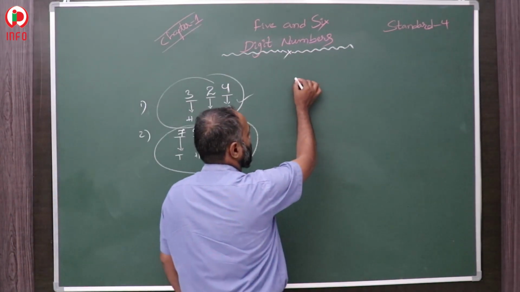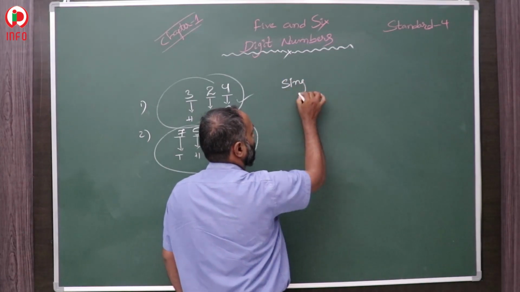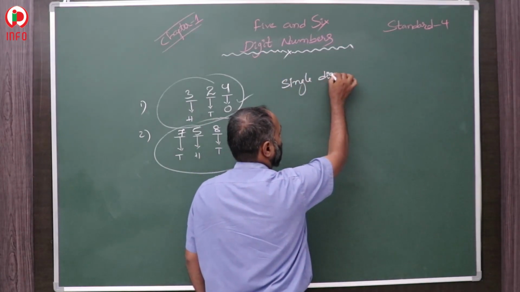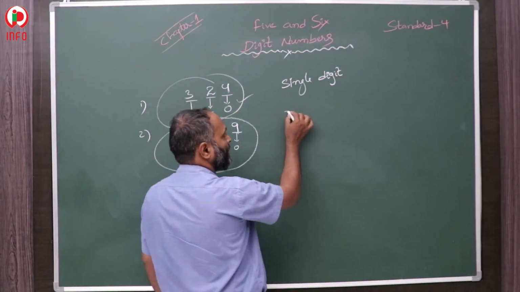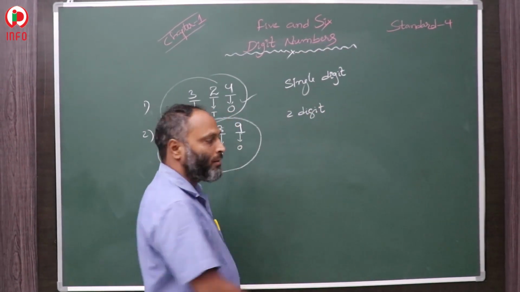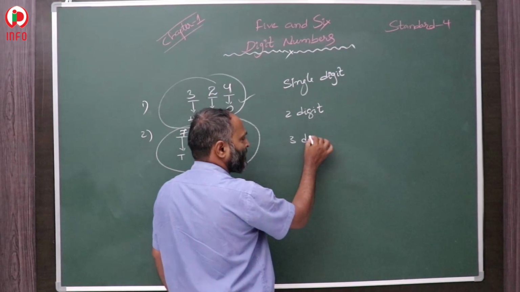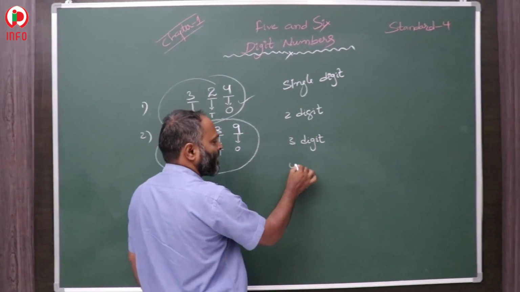This is single digit, two digit, 3 digit, then 4 digit.